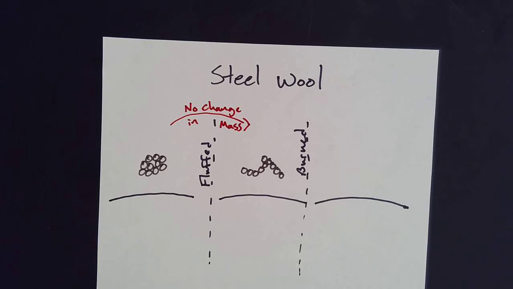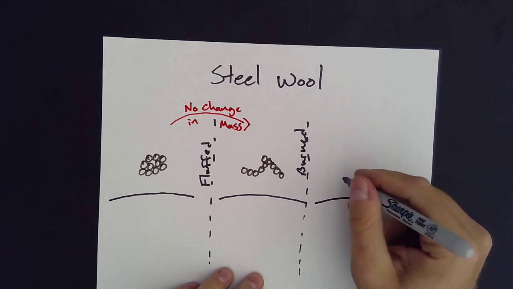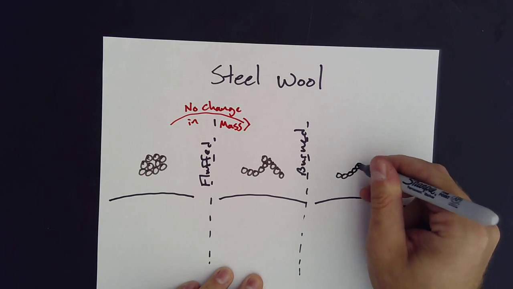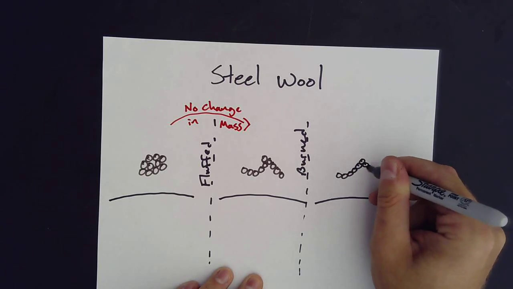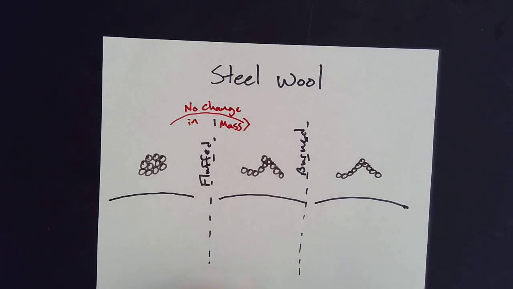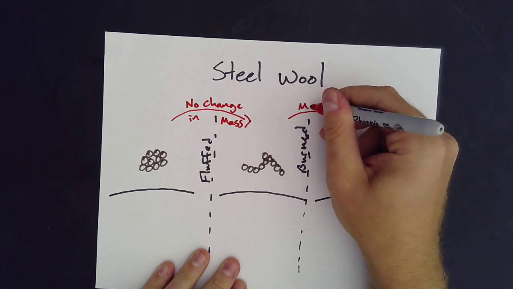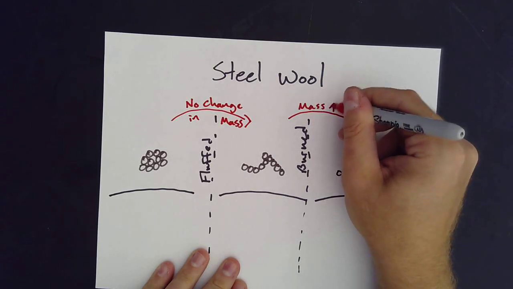And then we burn it. So let's start with our same model. 1, 2, 3, 4, 5, 6, 7, 8, 9, 10. And when we burned it, we actually found something pretty strange. We actually found mass increased.